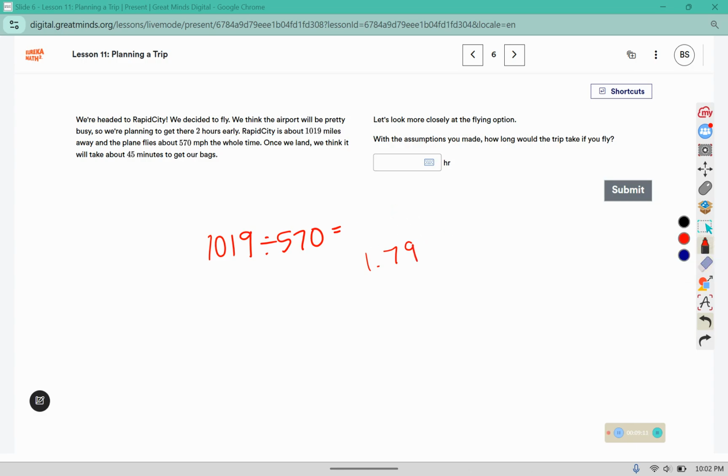But then I also need to think about, okay, I had to arrive 2 hours early, so I'm going to add that. And I also have 45 minutes. Well, if we did 45 minutes out of 60 minutes in an hour, that is 0.75.